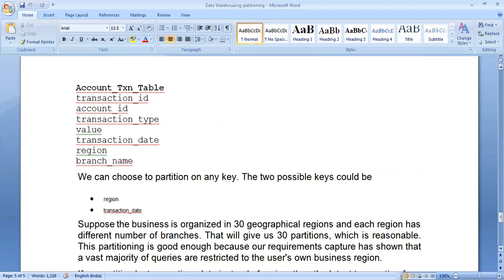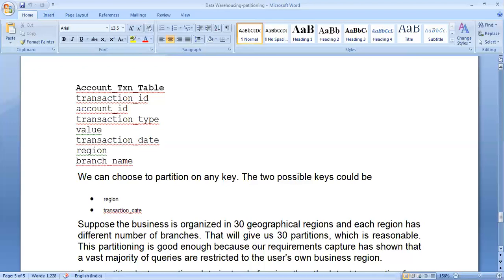For example, suppose somebody is a bank manager of SBI, and he is interested in a particular state like UP, the overall bank balance or the cash inflow into the bank.